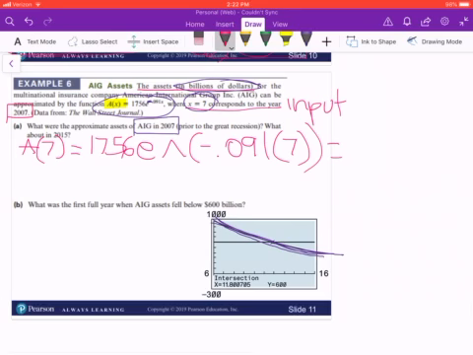Then for the next one that we have here, that will be for the year 2015. And so for that, we will use x equals 15. So I want you guys to practice how to enter it on your calculator so that you check that you're getting the same numbers as I am.